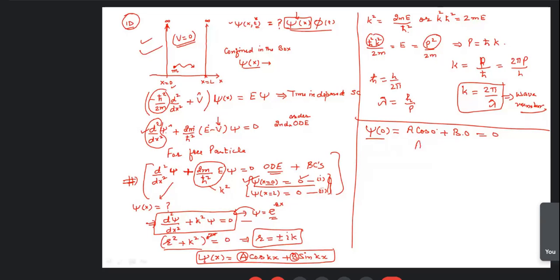This gives you that a is 0. Okay, so that means my wave function psi, from the first boundary condition, is represented by the second function, that is b sine kx.